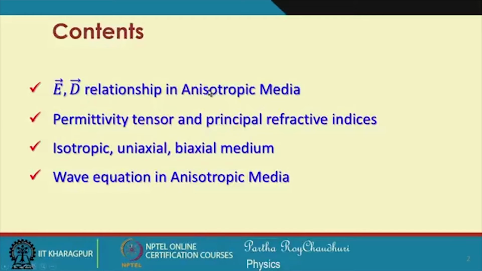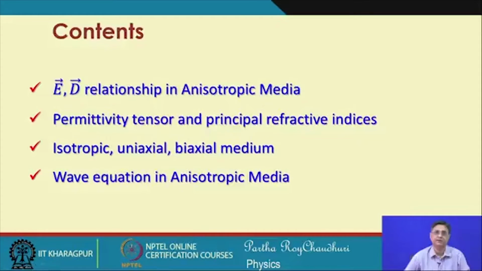First, we will look at the E-D relationship, that is electric field and the displacement vector, in a general anisotropic media, and from there we will try to organize the permittivity tensor. In a very special case, the permittivity tensor will correspond to a tensor which will indicate only the principal refractive indices.